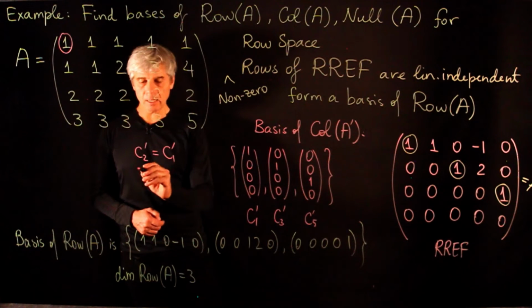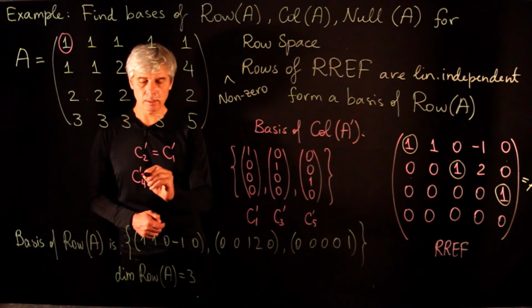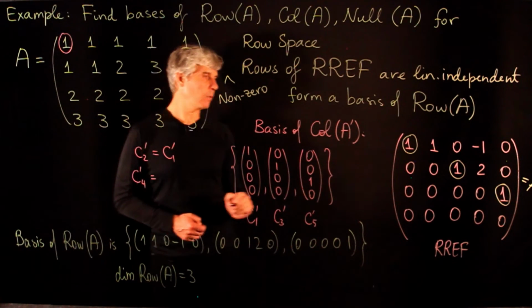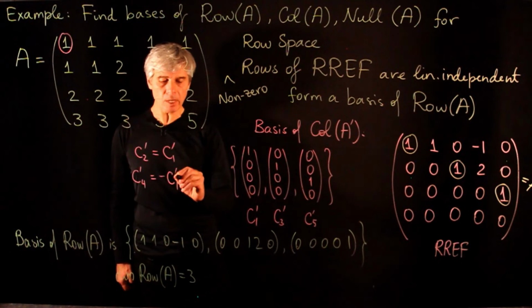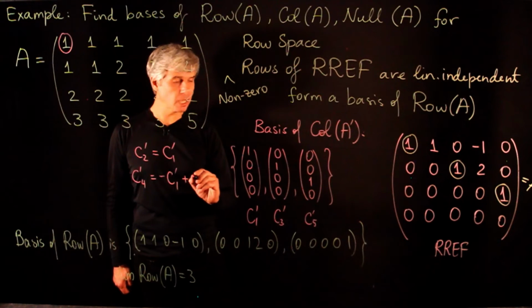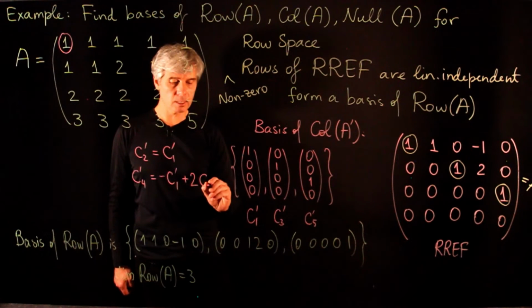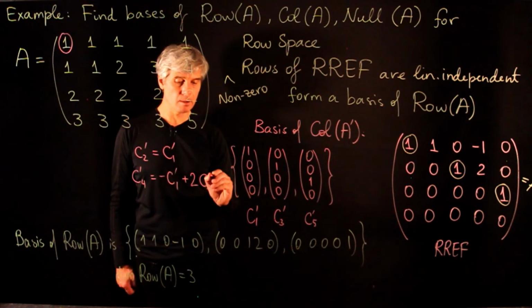And if we take column number 4, then what is it? It's minus 1 times C1 and plus 2 times C3.